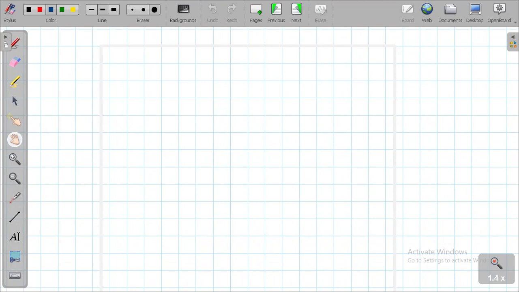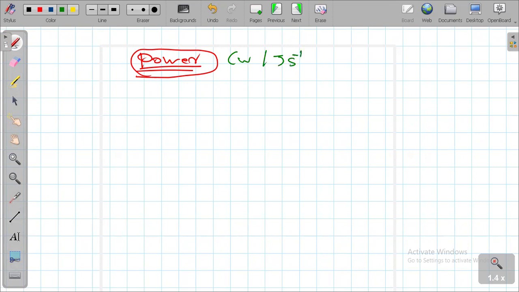No. Okay. Now write the subtopic power. Unit is W or J s minus 1, joules per second, or watt.